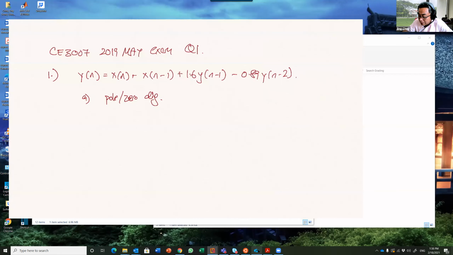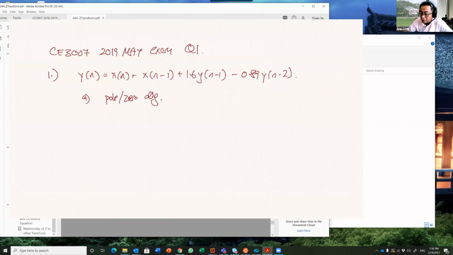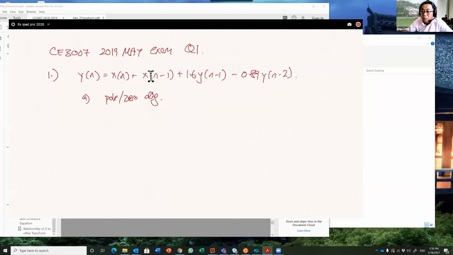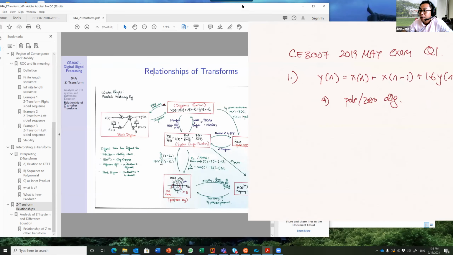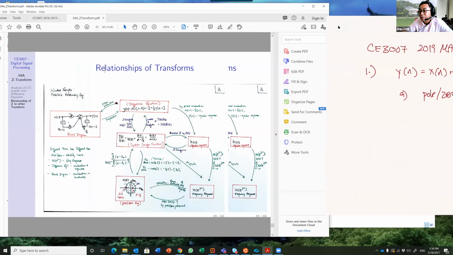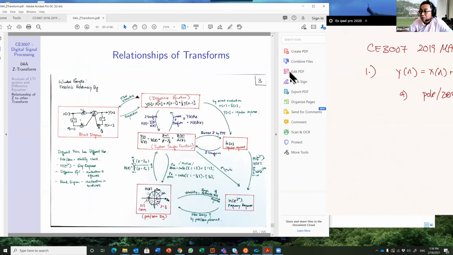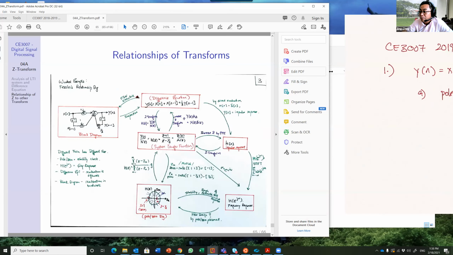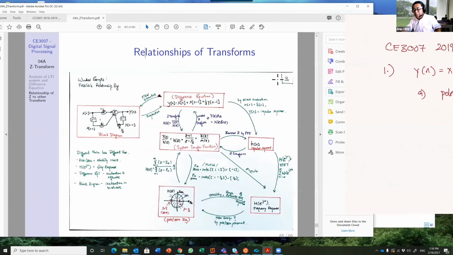The pole zero diagram he's asking you to do, you should also be looking at this picture. In this picture, it is the very big overview of our Z transform and the concepts attached to it. We begin with the difference equation here, and the first question asks you to draw the pole and zero diagram.